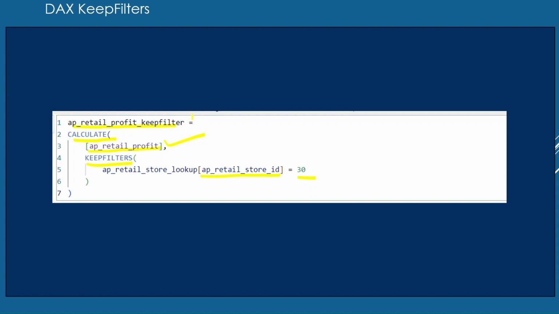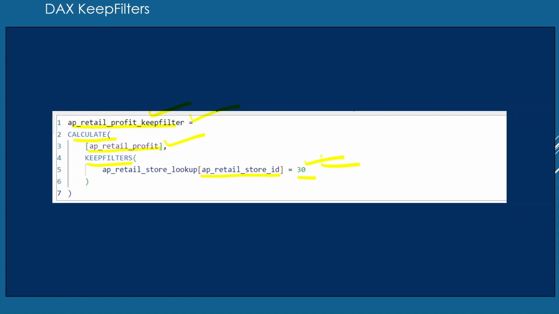So whenever this value is calculated, it will only calculate for retail ID 30 only. If we provide any other retail ID in the filter, this value would give you a blank result.